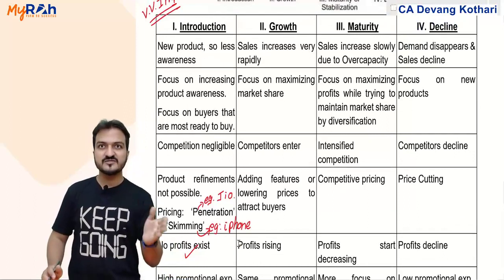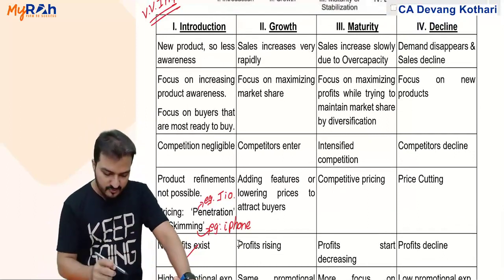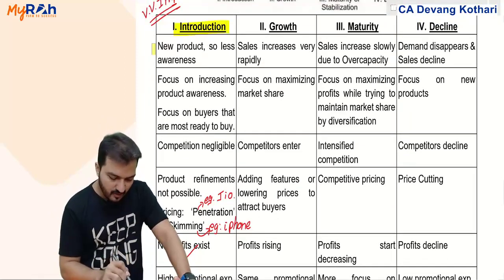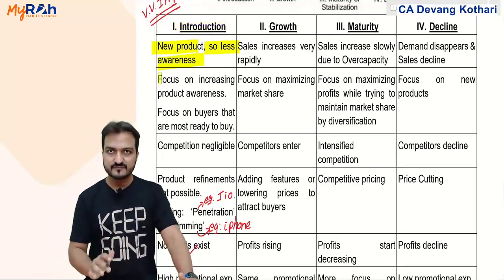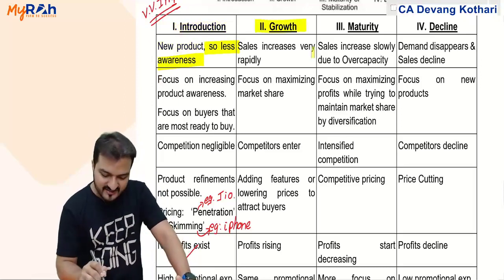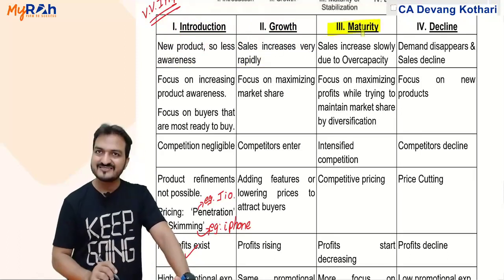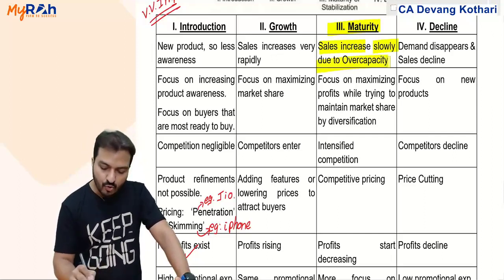Now let us compare this with the growth, maturity and decline stages. Notice each point I will compare. During the introduction stage, it was a new product, so less awareness was there. Sales was very less. But during the growth stage, the sales increase very rapidly. During the maturity stage, sales increase slowly due to overcapacity.